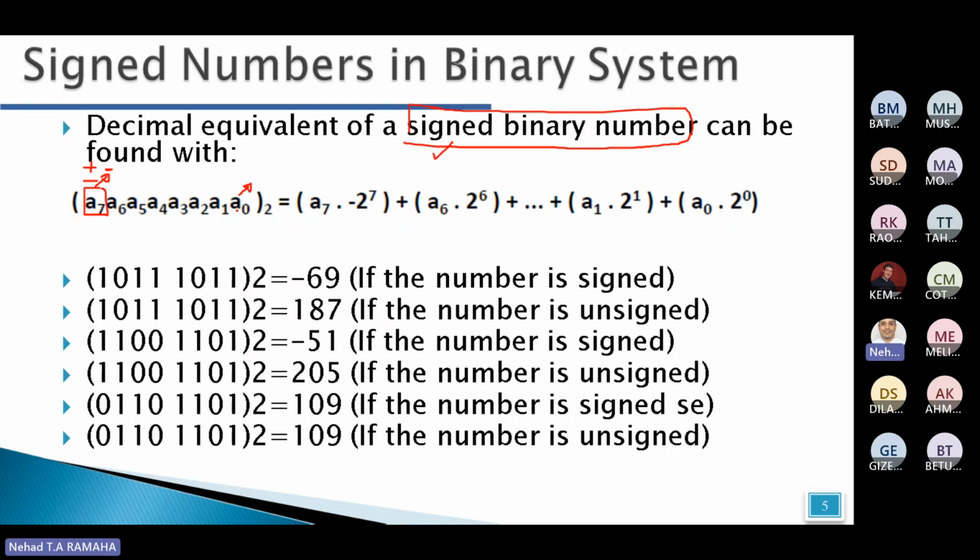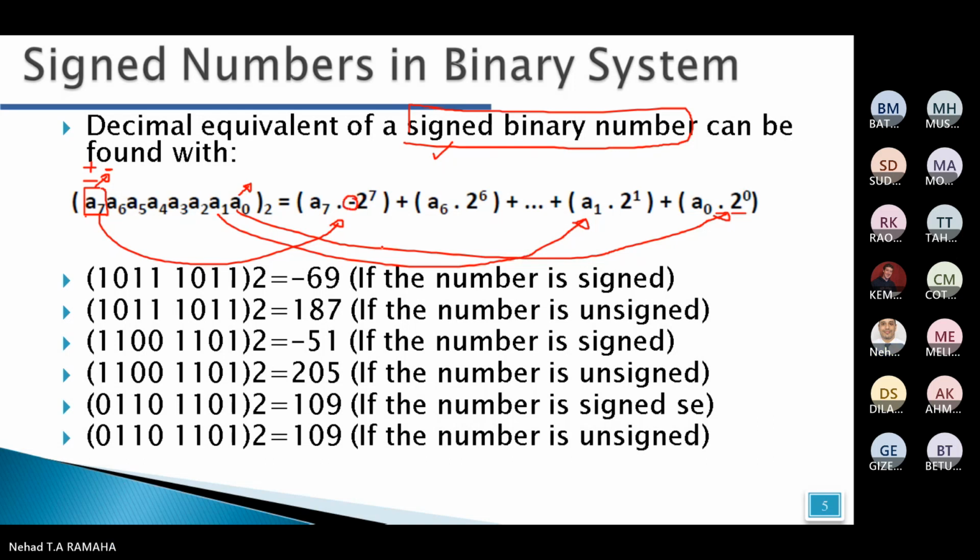This one is position 0, so it's multiplied by 2 power 0. This one is position 1, so it's multiplied by 2 power 1. This one is the sign, and it's position 7, so it will be multiplied by 2 power 7, but with the minus sign.